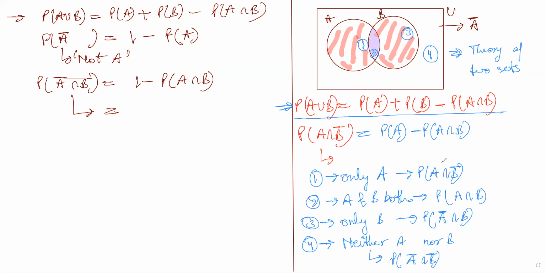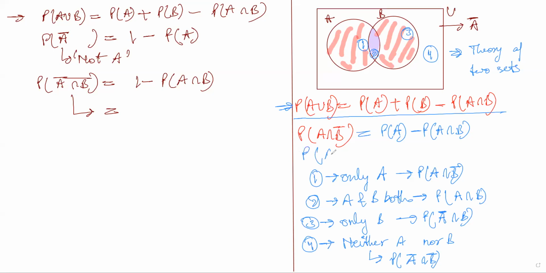From the whole circle, I have subtracted the second part. The whole circle represents A, and the second part represents A intersection B. Both will be given. So this can be represented as PA minus PA intersection B. This is clearly visible from the diagram itself.